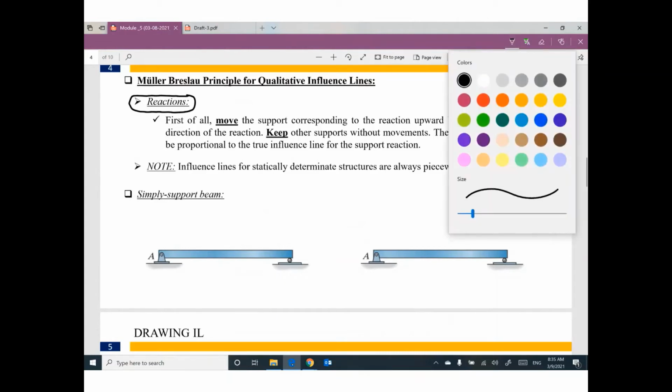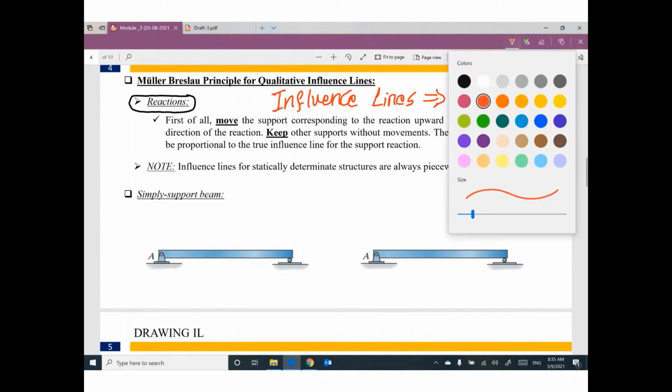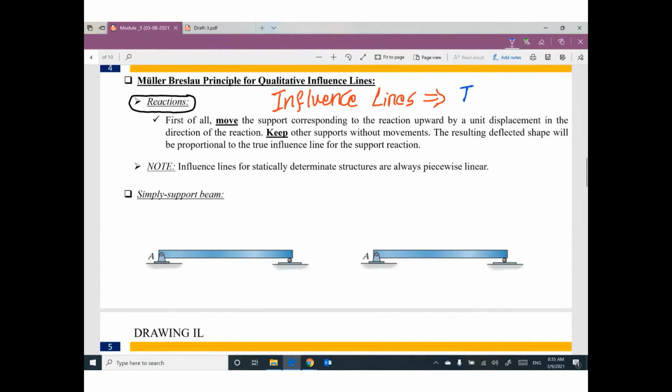By the way, influence lines, I will write it like this. Capital I, capital L. Influence line. So, for example, we have a beam AB.